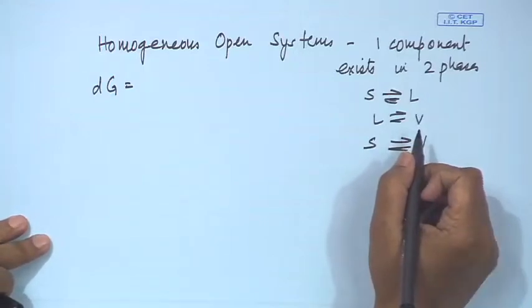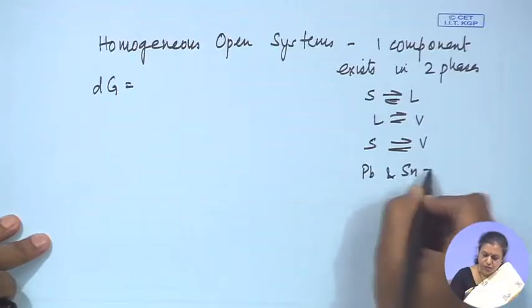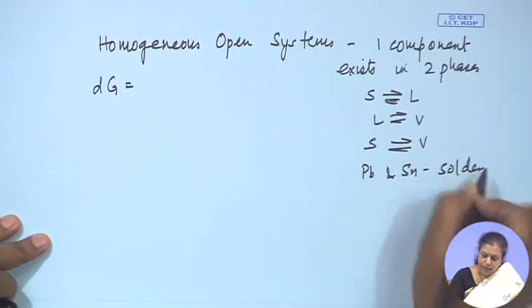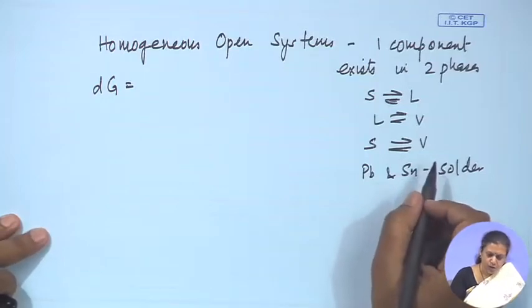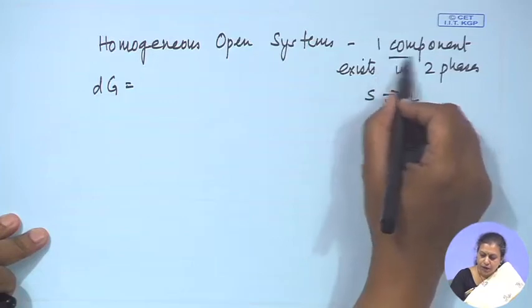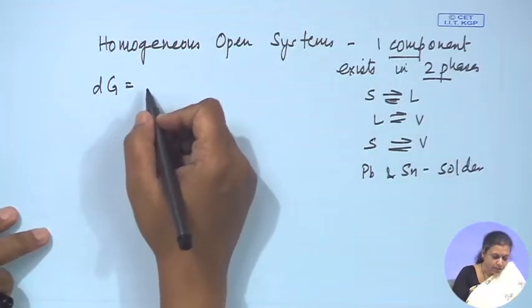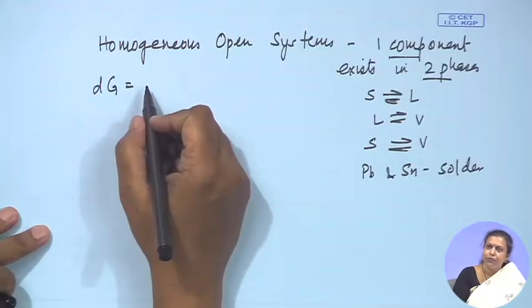There can also be some other types of transitions, for example, an alloy of say lead and tin which forms a solder. Here also we can have a similar type of phase transition. So, for the time being, we concentrate on one component two phase systems, and we consider the simplest type of open systems that we can think of.